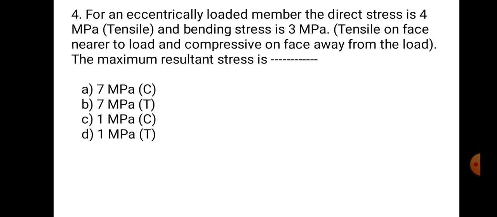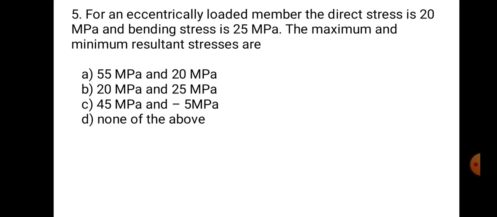Now the maximum resultant stress is the summation of direct stress and bending stress. The nature of the maximum resultant stress is the same as the direct stress. Therefore, in this case the answer is 4 plus 3, that is 7, and nature tensile. Hence the answer is B. 7 MPa tensile.